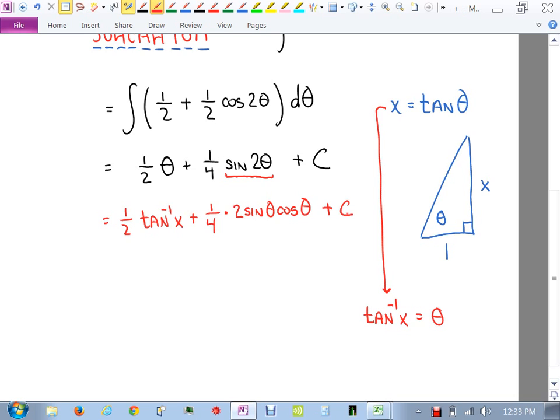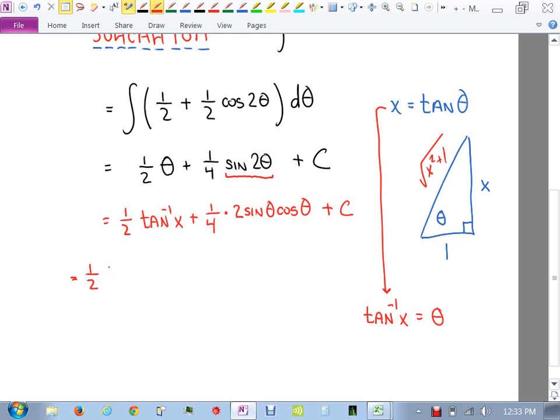Now, do you know what sine theta is? Go to your triangle, opposite over hypotenuse. We don't have our hypotenuse. Now we do. Okay, so sine will be what? x over that square root. Cosine will be 1 over that square root.